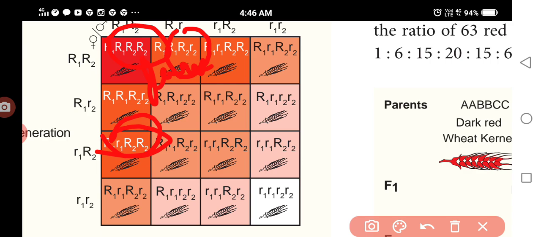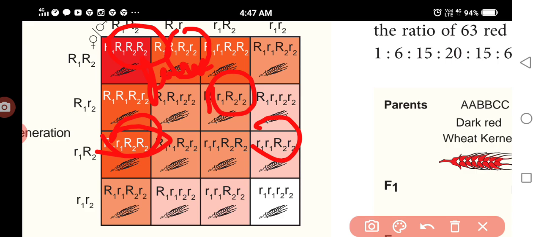Two capital R genes give a medium red kernel color. Only one capital R gives a light red kernel color.